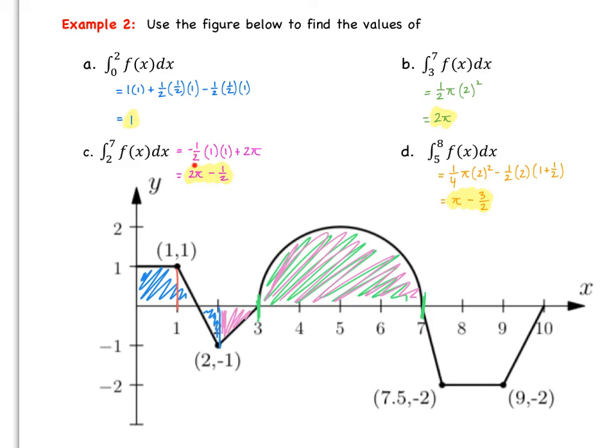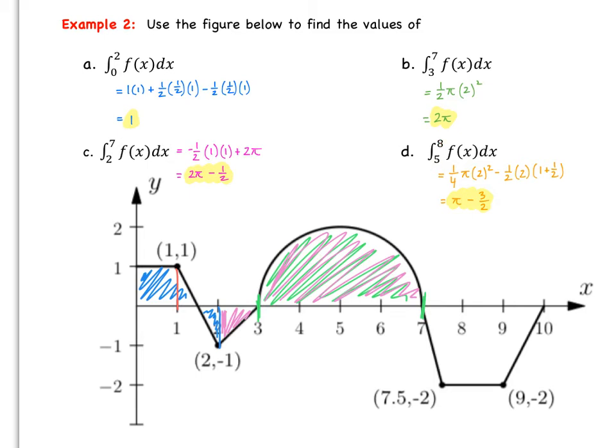So we have -1/2, our base for this triangle is 1, the height is also 1. And then we have to add the semicircle to it, which we already found to be 2 pi. So we end up with the area, or the integral from 2 to 7, is going to be 2 pi minus 1/2.